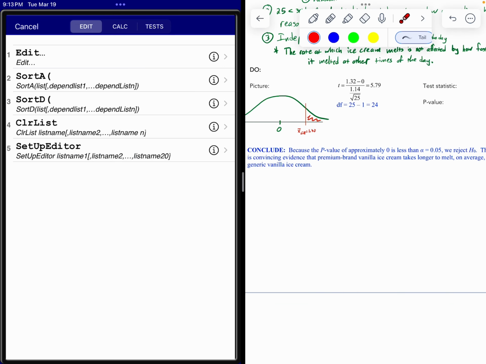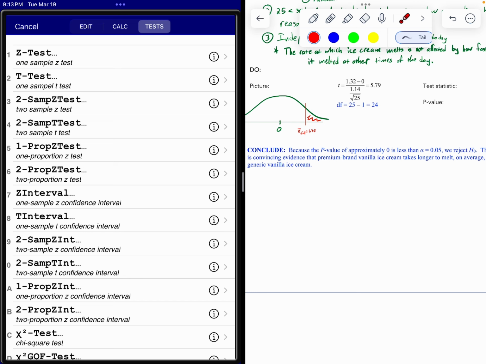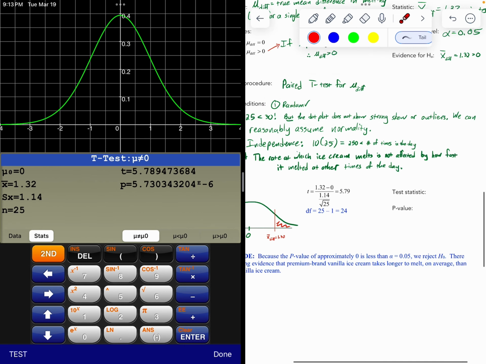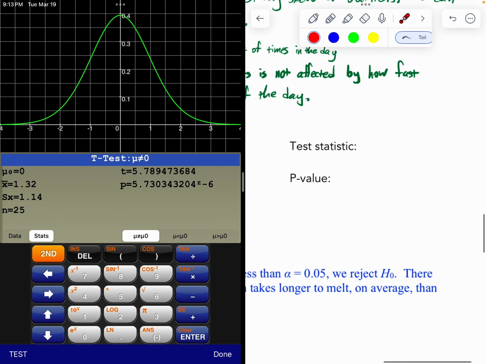I'll do this one on the TI-84. So this is a t-test, okay? And I need to enter the null of 0, x bar of 1.32 and 1.14 and 25 data points. And I get another really big test statistic. So we're getting very convincing evidence on both of these today.